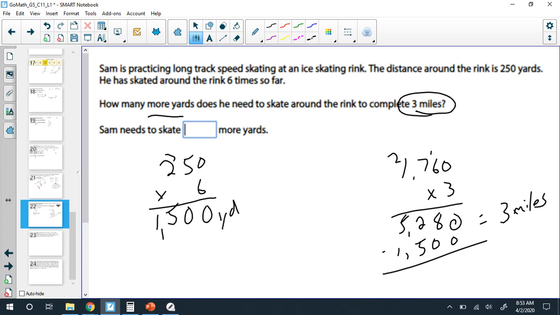And 0 minus 0 is 0, and 8. And I need to do some regrouping. 12 minus 5 gives us 7, and 4 minus 1 gives us 3. So the answer is that he needs to skate another 3,780 yards in order to get in his 3 miles.